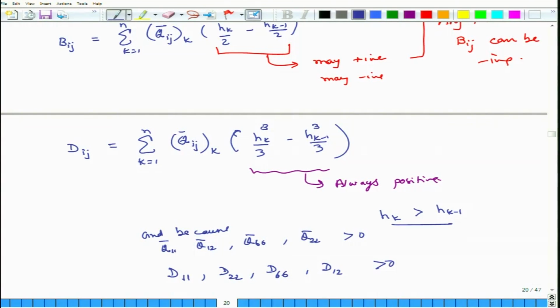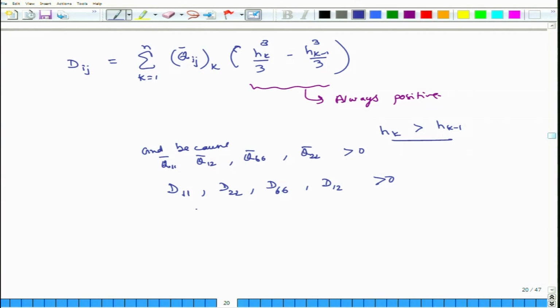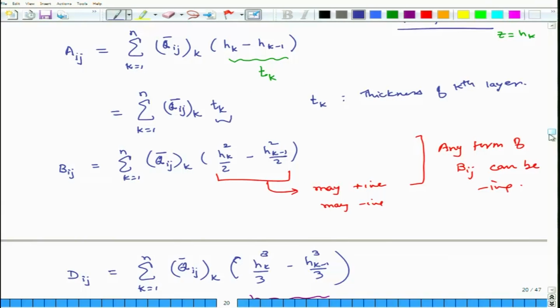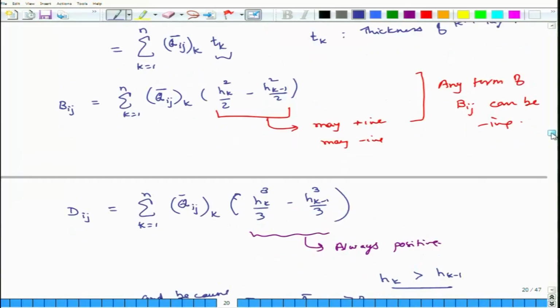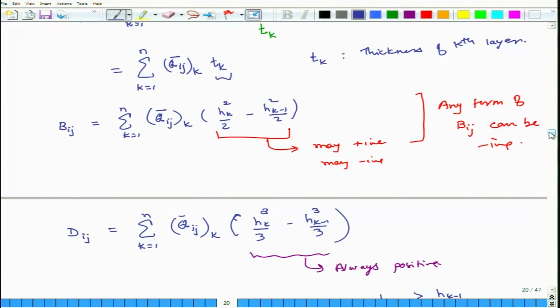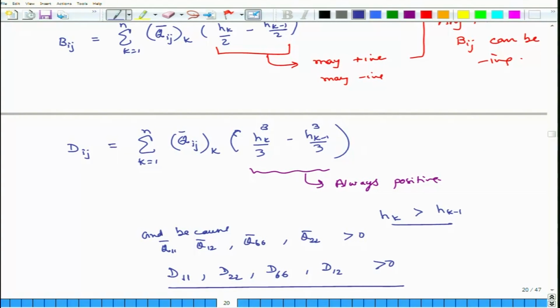D16 and D26 can be negative, because depending on the value of theta, I can have negative values for those terms also. Similar terms in the A matrix are also positive, but in the context of the B matrix, any term can be positive or negative, and it is driven by the fact that hk square minus hk minus 1 square can be either positive or negative. So, this is one general observation I wanted to state.